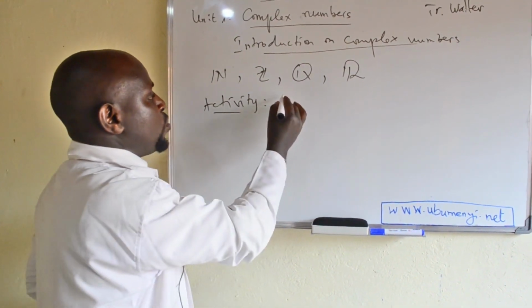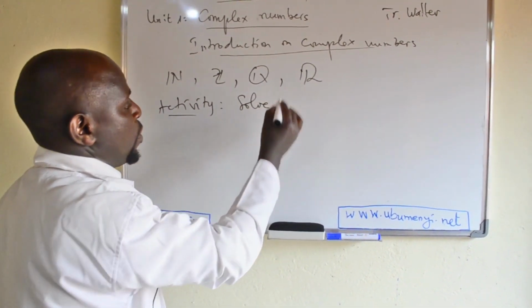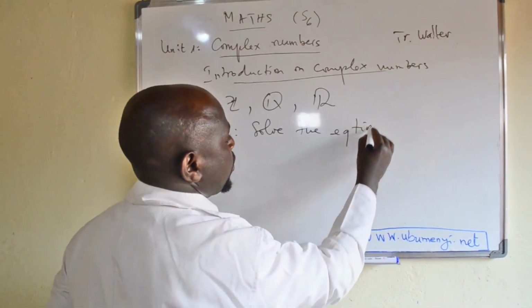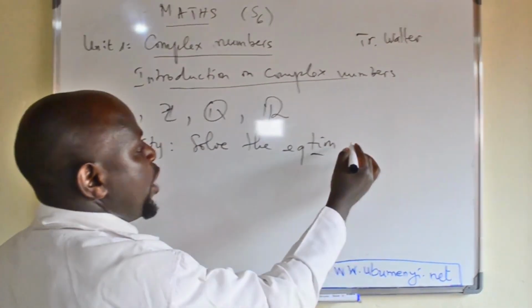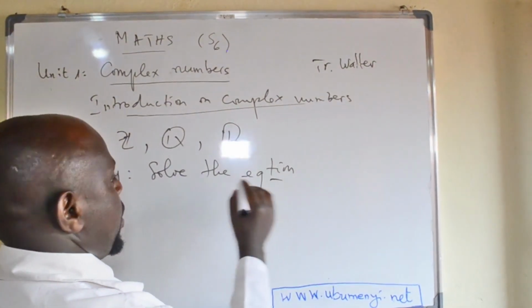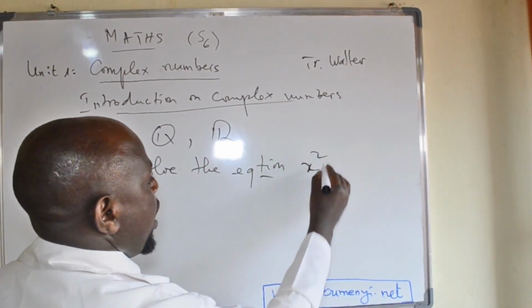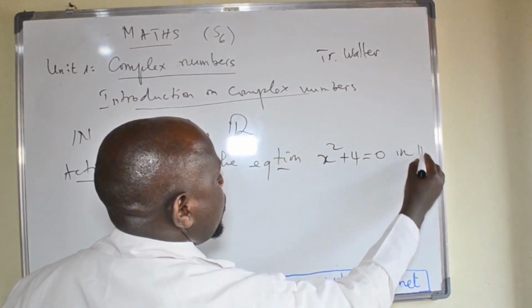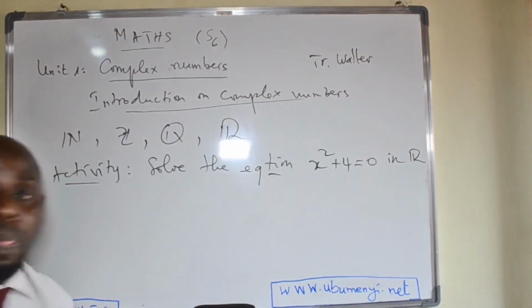I will ask you to try to solve the equation x squared plus 4 equals 0 in the set of real numbers.